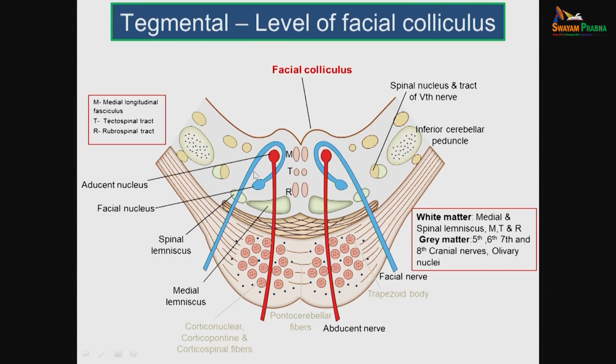Here you can see the motor nucleus of the facial nerve, which at first is dorsolateral to the abducent nucleus. Then it winds around this abducent nucleus. Then it comes to the ventrolateral position. So, this motor nucleus is searching for the sensory component.